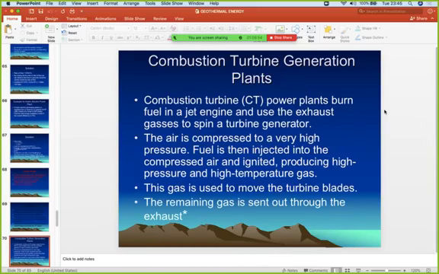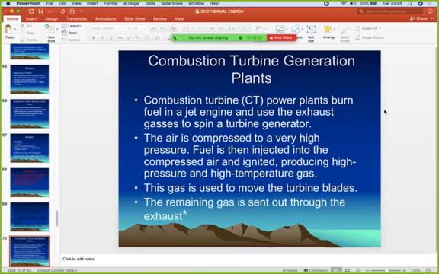We have the combustion turbine generation plants. So what are these? Combustion turbine. Remember our turbine for the air cycle for the aircraft, jet aircraft, utilizes compression.